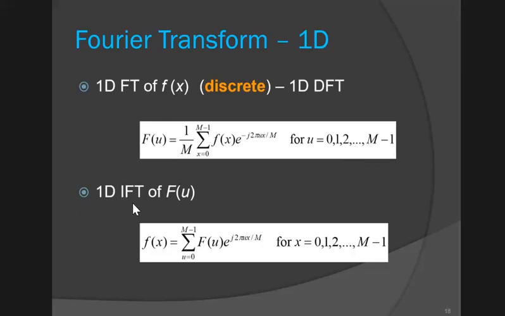The inverse Fourier transform equation is f(x) equals the summation from 0 to M minus 1 of F(u) into the same term, just you change the sign of the exponent, so e raised to the power j 2 pi ux divided by M. Again x varies from 0 to M minus 1.